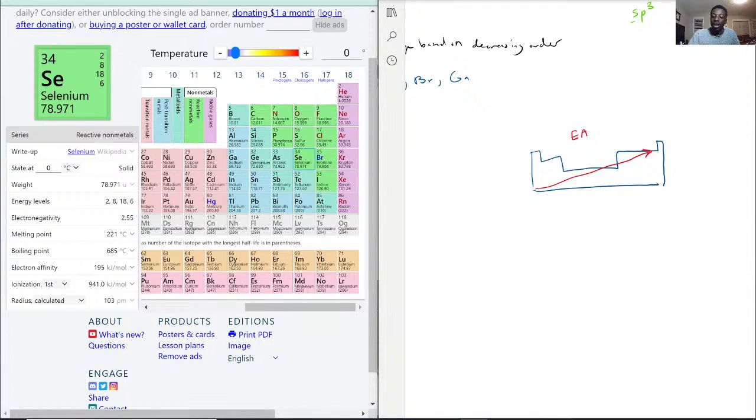It still goes like this for the trend, although some do break it. So let's highlight this part and say noble gases are the worst ones in terms of electron affinity, because their shell is already full, so they have no reason to accept another electron. That's what they mean by that.